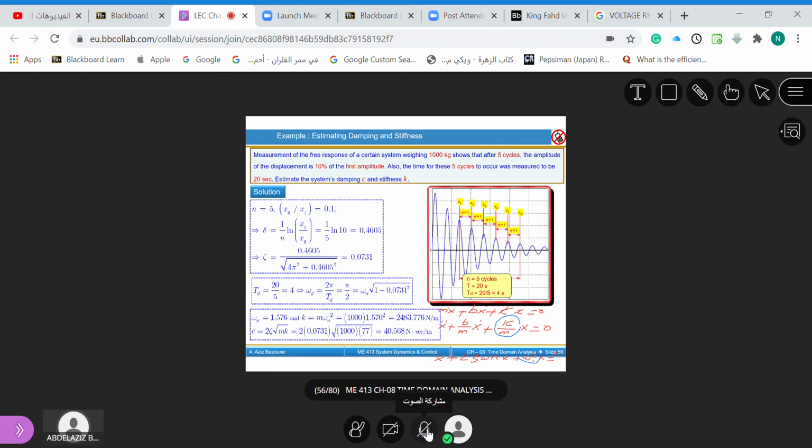And we equate b over m equal to twice zeta omega n. So from here, b over m is equal to twice zeta omega n, or we just say b will be equal to twice zeta omega n times m. We already calculated it, if you remember. We said omega n is k over m.